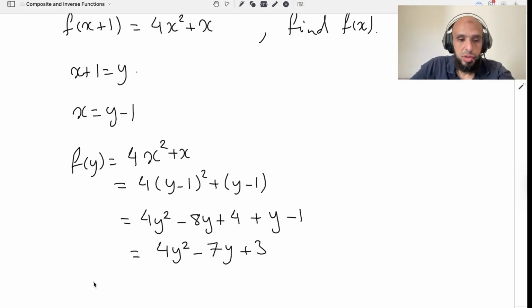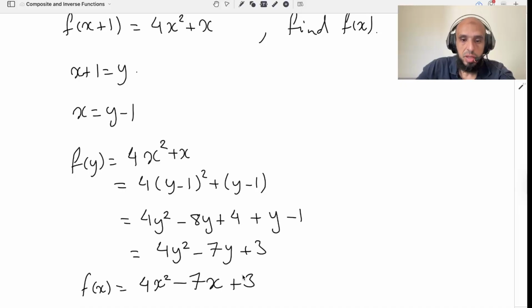Now to get the function, we replace every y with an x, so f of x is going to be equal to 4x squared minus 7x plus 3. And we now got the function.